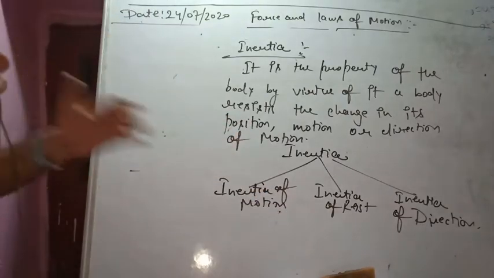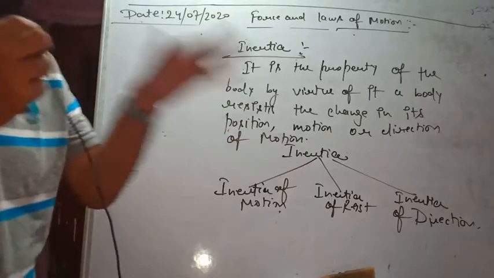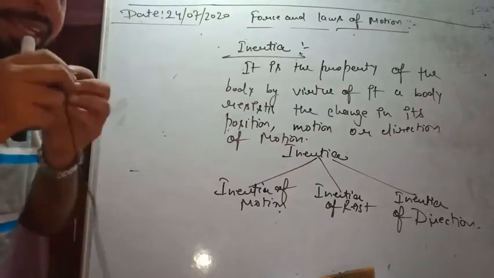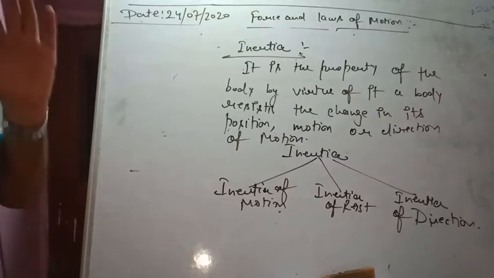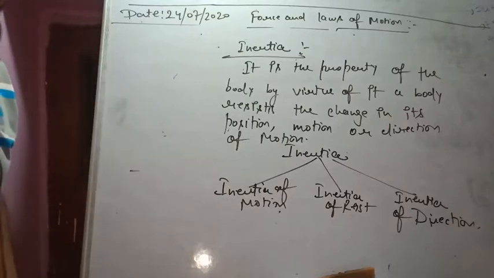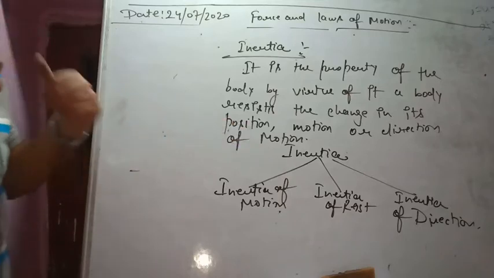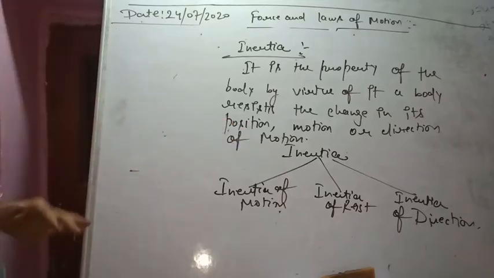That's why once the bus started moving in the forward direction, his body was coming in the backward direction. So once the body is at rest, it wants to remain at rest. So once we are moving forward, it will strike back in the backward direction. So this is the example of inertia of rest.